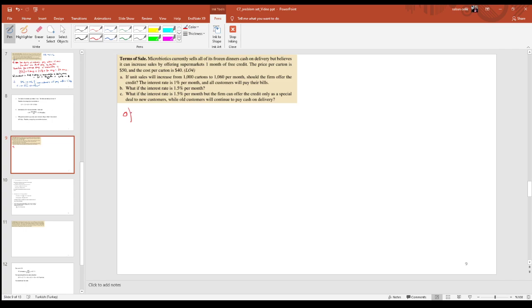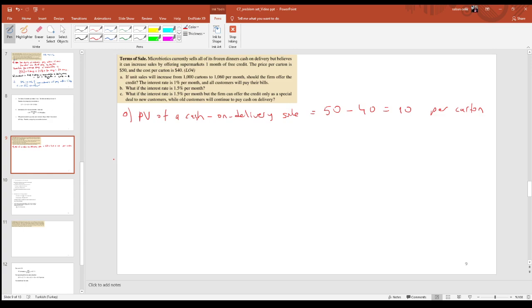So what is the present value? So the present value of a cash on delivery sale will be $50 minus $40, equals $10 per carton.